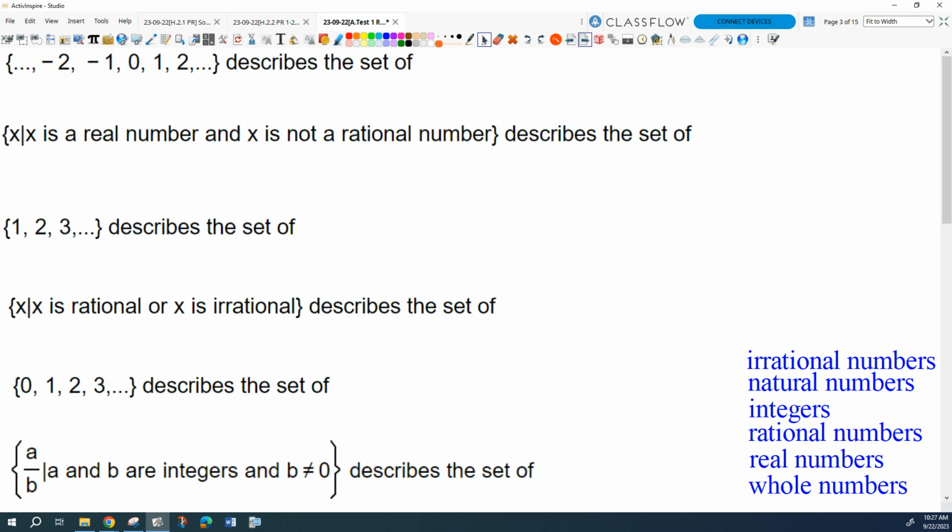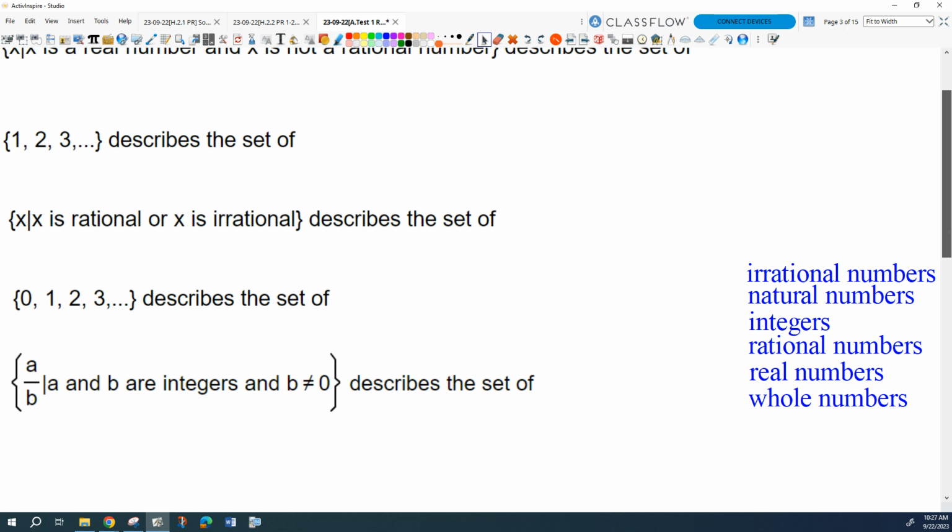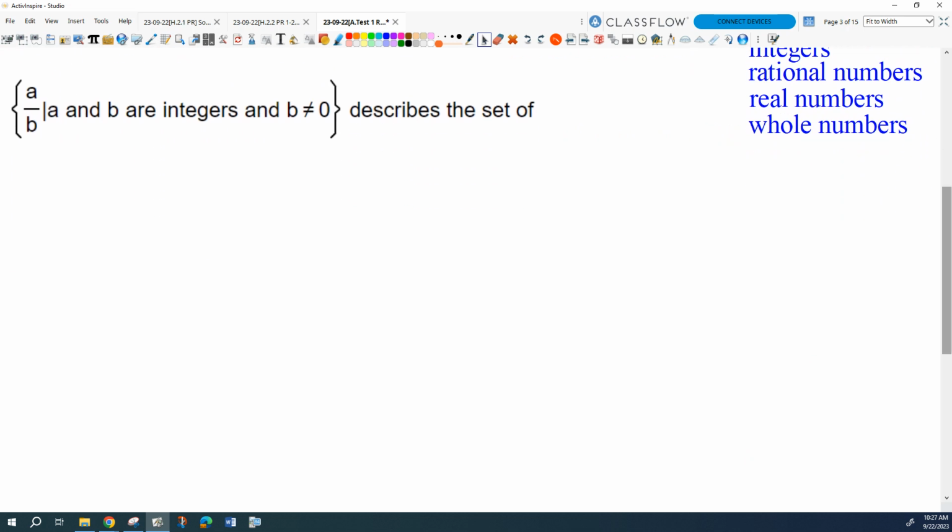Okay, now this time we're just matching up a bunch of descriptions of sets with the sets, the blue answers down here. Let's start at the bottom on this one. How about the very bottom one? How would we say that, first of all?